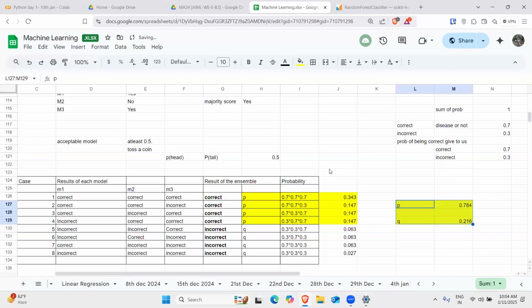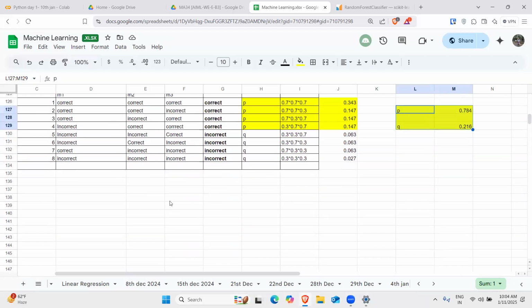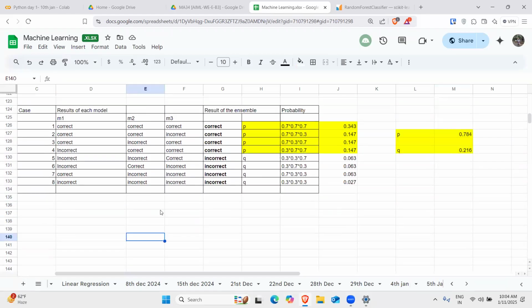Now notice how the ensemble has a higher probability of being correct and a lower probability of being incorrect. I have not done anything; I am not saying anything on my own. P is the probability of the ensemble being correct, and Q is the probability of the ensemble being incorrect.